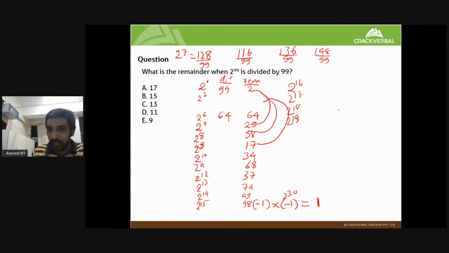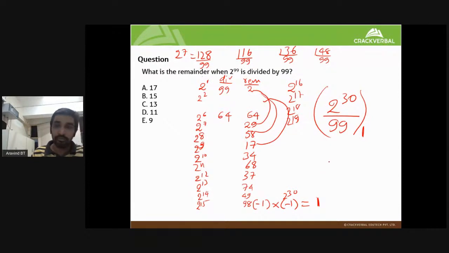So your cycle here is 2 power 30. So 2 power 30 by 99 gives you a remainder of 1. If 2 power 30 gives you a remainder of 1, 2 power 99 can be split up as 2 power 30 into 2 power 30 into 2 power 30 into 2 power 9.